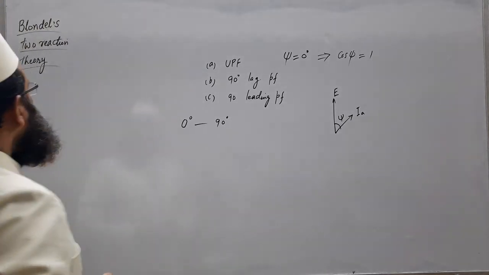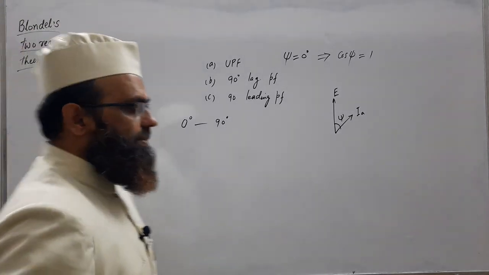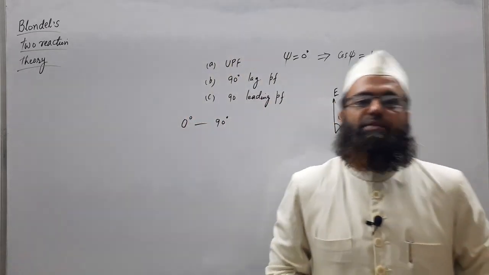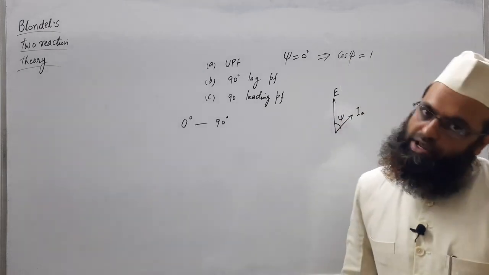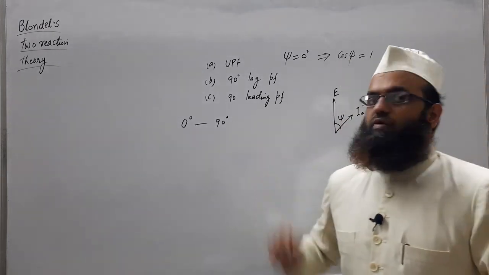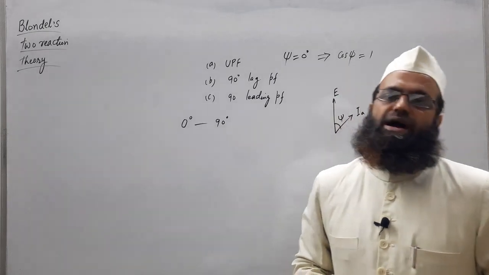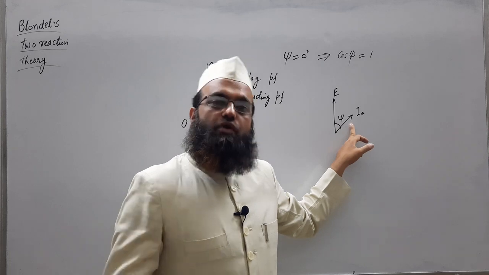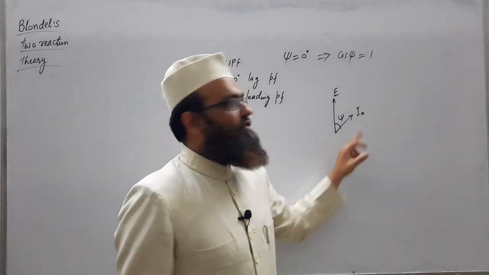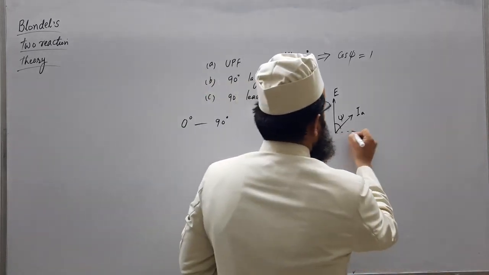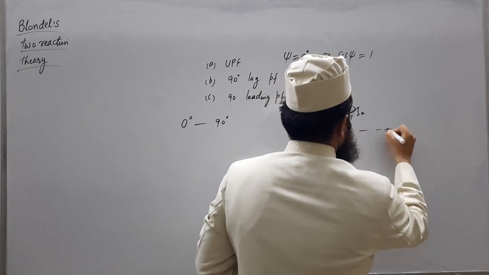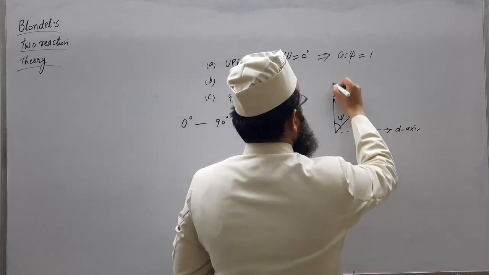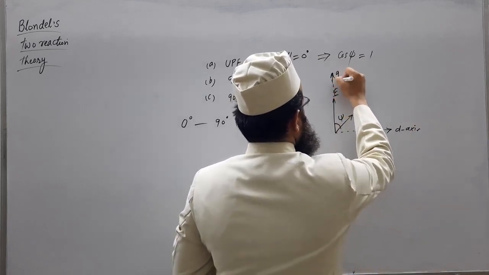The theory given by Blondel, known as Blondel's two reaction theory, states that the effect of armature flux for any power factor angle between 0 to 90° may be analyzed by resolving the armature current into two components, one along the d axis and one along the q axis.